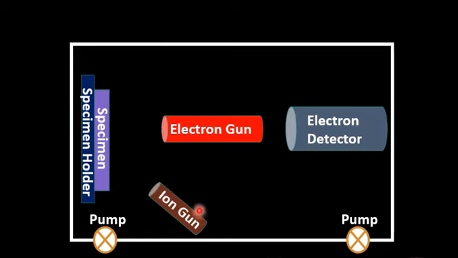Basically, they use a focused beam of ionized gas, usually argon, onto a sample surface, and the incident ions or gas molecules onto the sample surface cause cleanness of the sample surface.